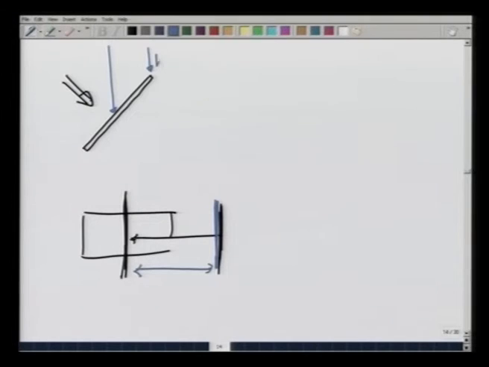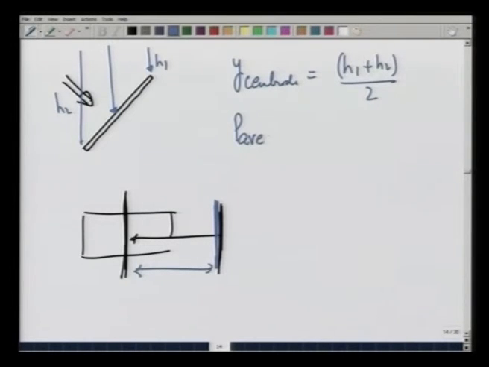So, if this is h1, this is h2, y centroid is going to be in the line at the middle, which is h1 plus h2 divided by 2, and therefore, P average is going to be equal to rho g times (h1 plus h2) divided by 2.